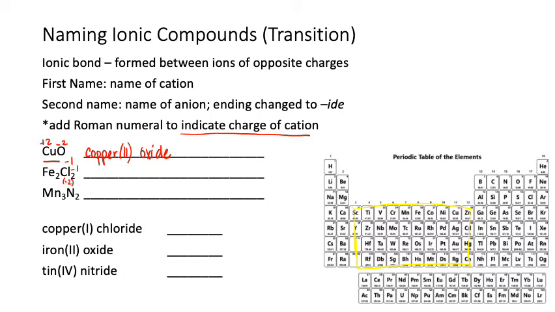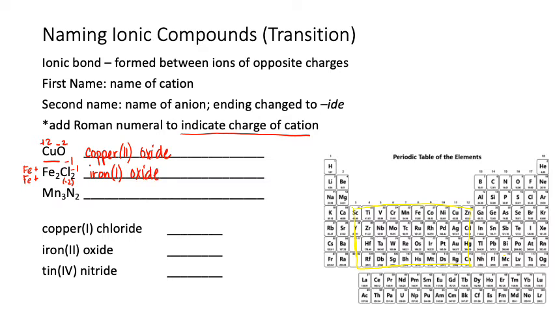Now we need to balance out that -2 with the irons. The formula also indicates that we have 2 irons, so we have to spread this -2 charge out over 2 different atoms. In this case, each one of these irons has to be a +1. So this one would be named iron(I) chloride.